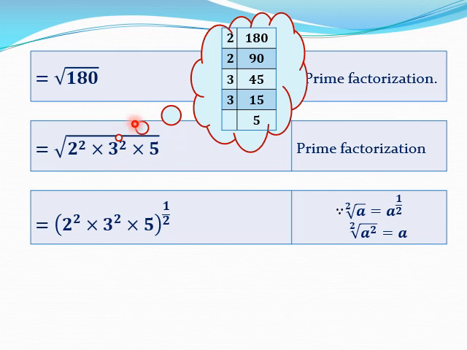And we can also write this in exponential form, 2 square into 3 square into 5, as this square root can be expressed as raised to power 1 by 2. This is a very basic law, as square root of a can be written as a raised to power 1 by 2.